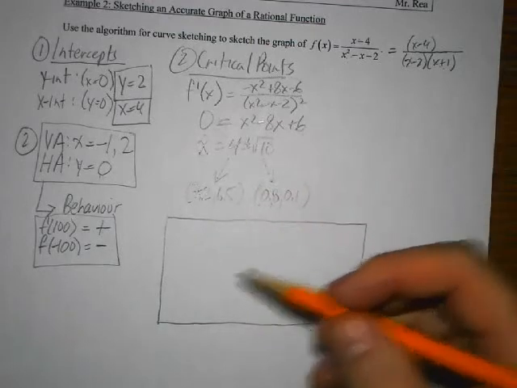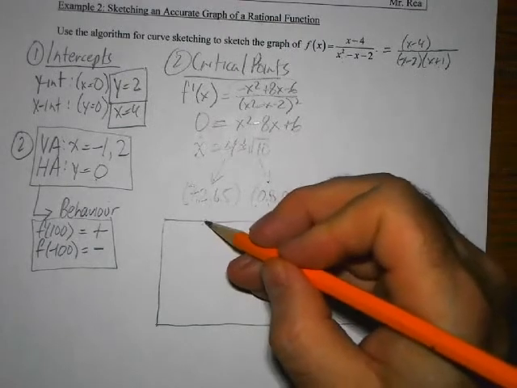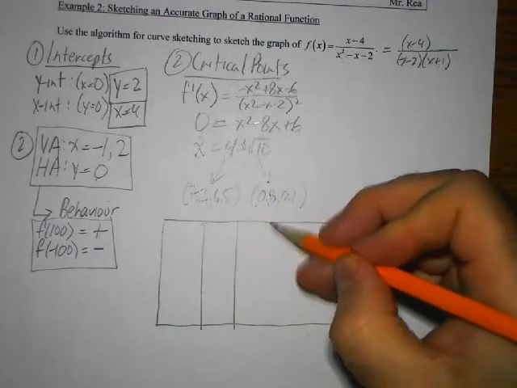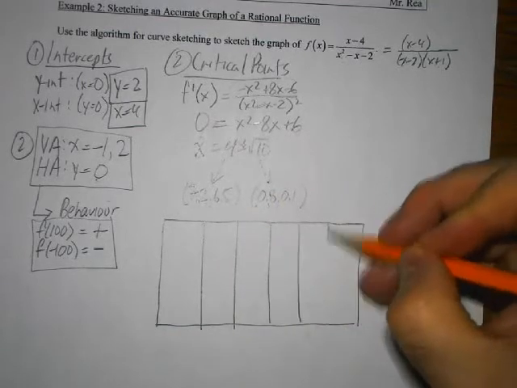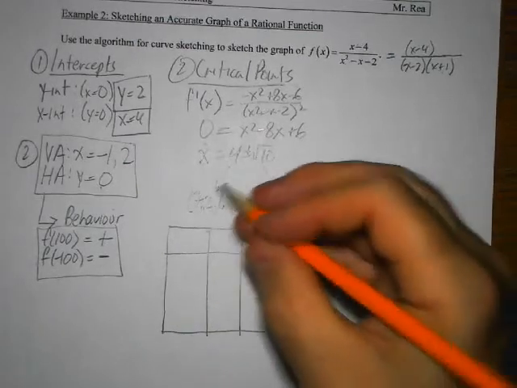So basically my intervals, let me break this into parts. Got 1, 2, 3, 4, 5. Okay, so lots of intervals.